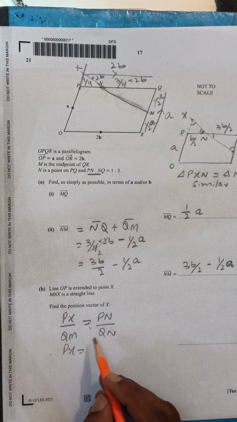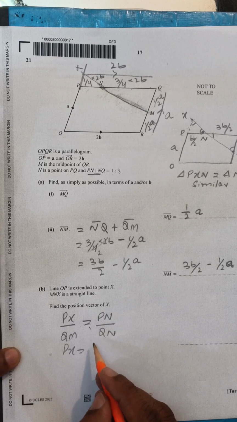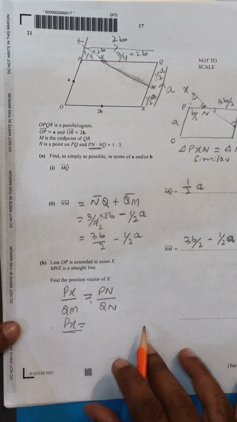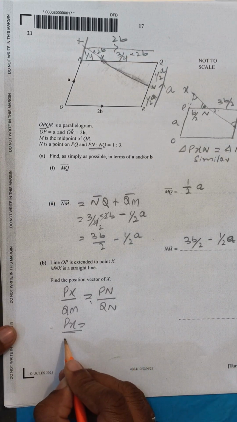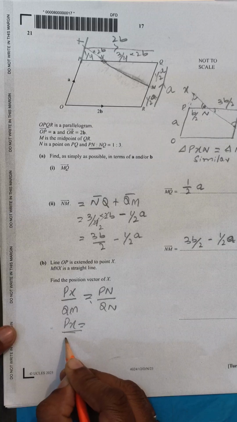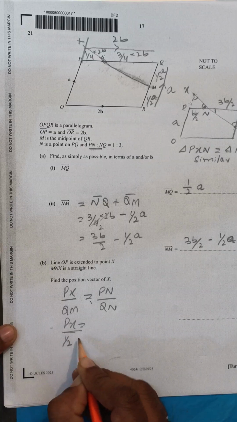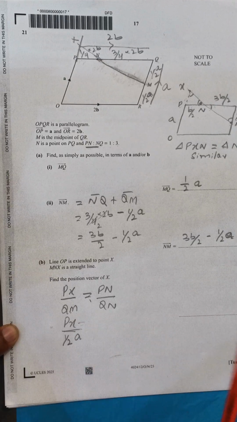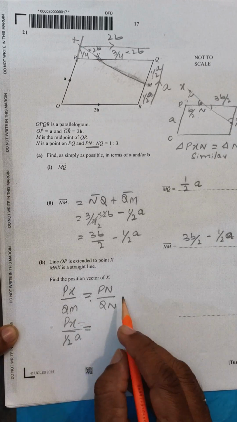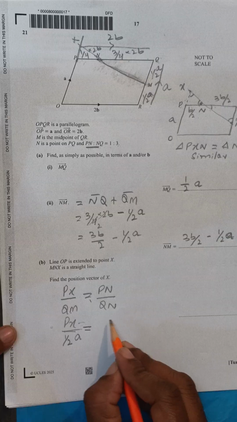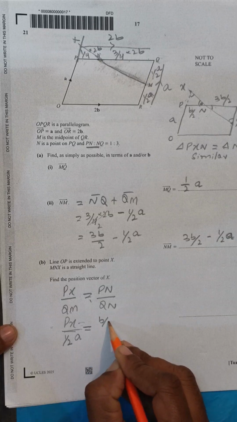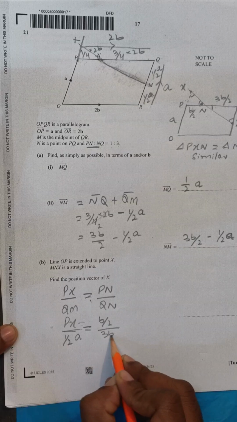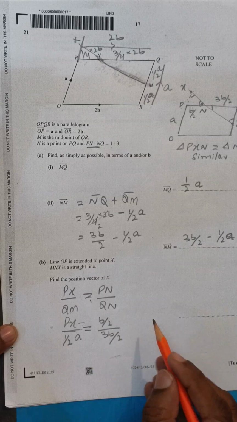PX is what? It is 1 over 2a, that is equal to PN, which is b over 2, over 3b over 2.